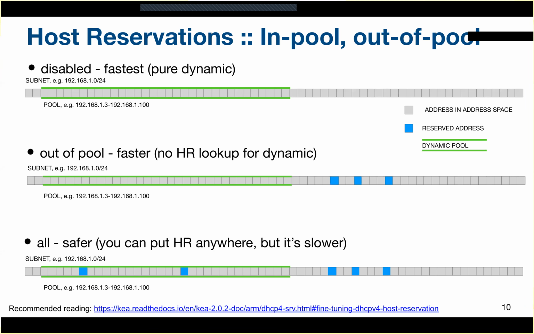In many deployments, people don't care about performance that much, but they would be very angry if Kea started assigning addresses that were reserved for someone else. So Kea assumes this by default, and from the performance perspective, this is the worst case. So if you can, don't reserve addresses in your dynamic pool.